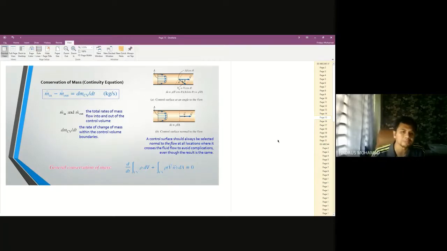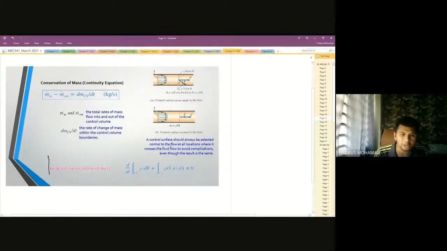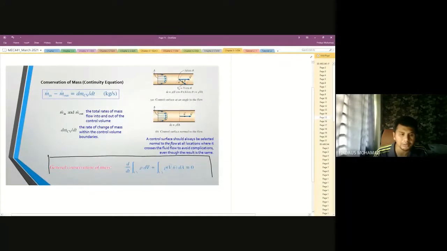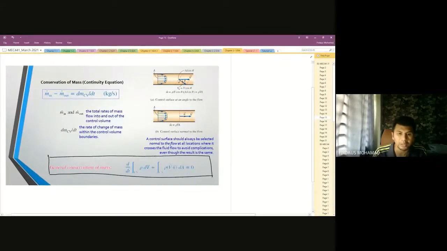So that's why the general conservation of mass that we always use equal to change of rho dV per time, rate of change for the rho dV plus with the rho V dA. Kalau you tengok kat sini, rho dV ni sebenarnya apa?